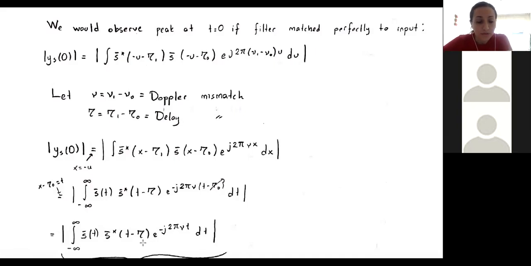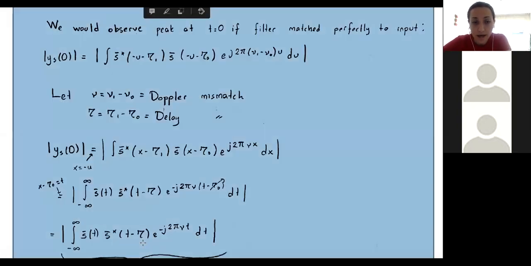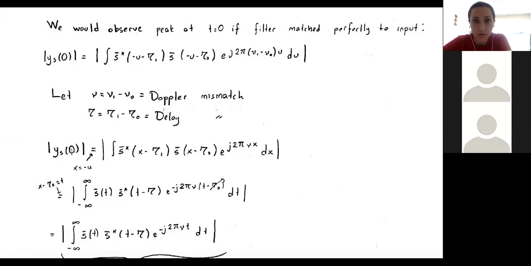Okay, so this function tells us how much my peak at origin changes with the mismatch amount, delay mismatch tau and velocity mismatch v. Ideally, what do we want?